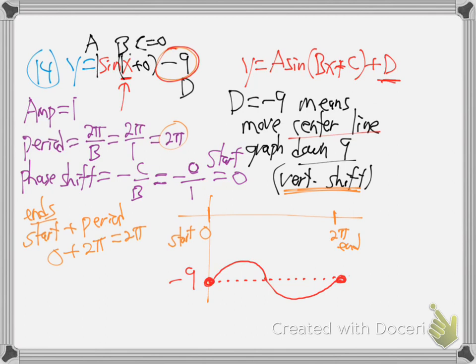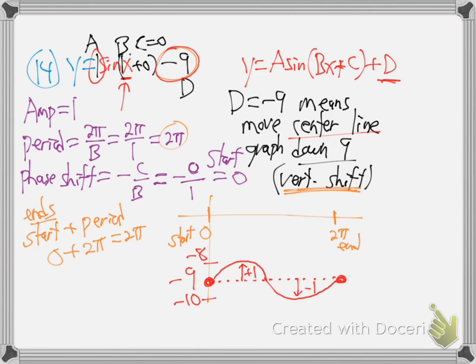Well, how high does it go? Like, how high up and how far down? Well, the amplitude is 1. That means it goes above its middle by 1 and below its middle down 1. Is that making sense? It goes up plus 1, so that'd be negative 8, and down 1 to negative 10. And we're done. How are we doing?